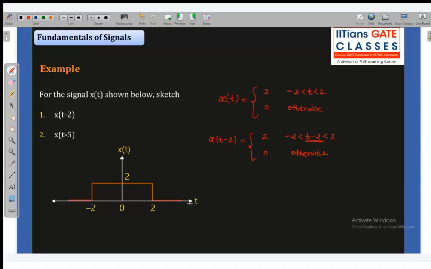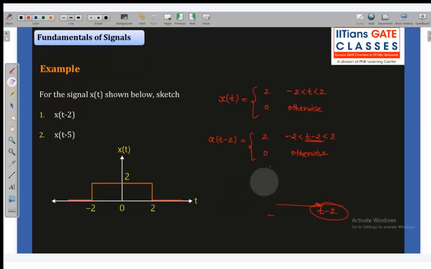If you take the axis t minus 2, then x of t minus 2 will be like this only. X of t minus 2 will not change its position if you take this axis t minus 2. But we know that we always take the time axis, not the t minus 2 axis.